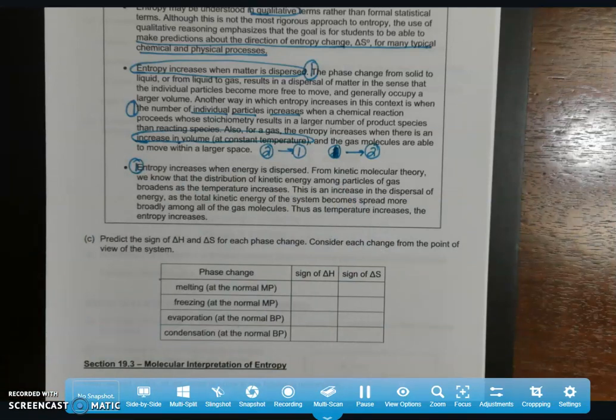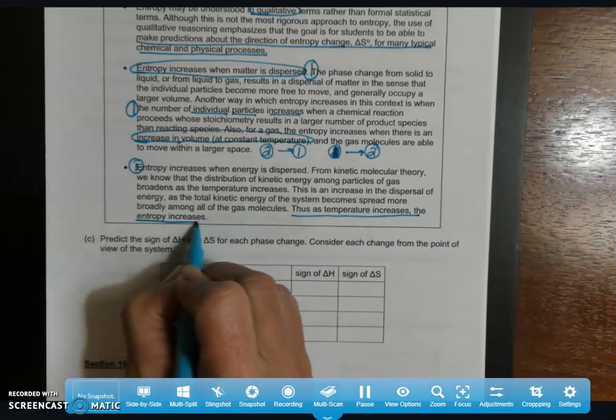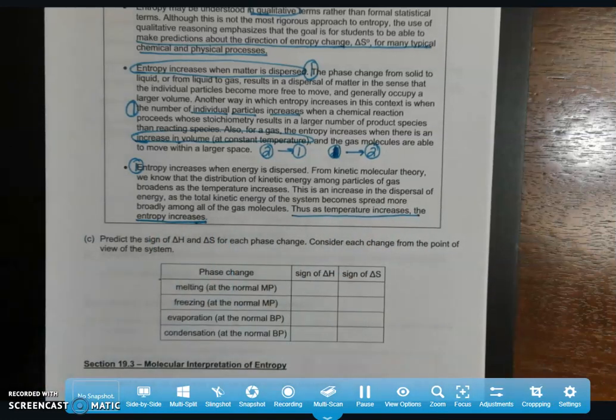From kinetic molecular theory, we talked about how kinetic energy is distributed among particles, and we drew the Maxwell-Boltzmann curve, which we're going to see in a minute. And as you change the amount of energy that you have dispersed, where more particles have more energy, your entropy is increasing. Therefore, as the temperature increases, the entropy increases too.